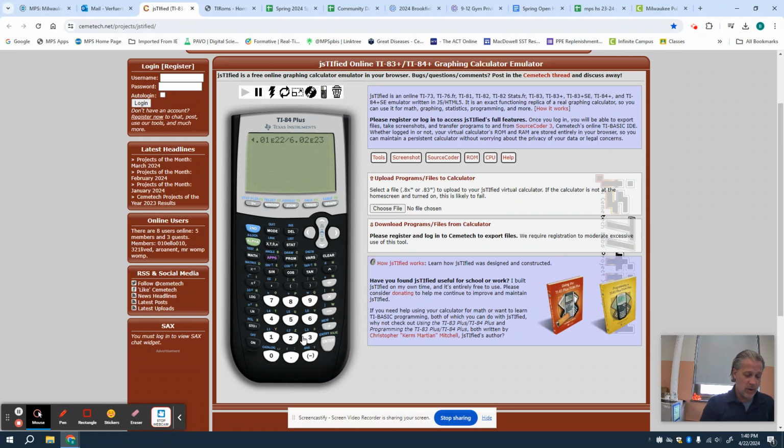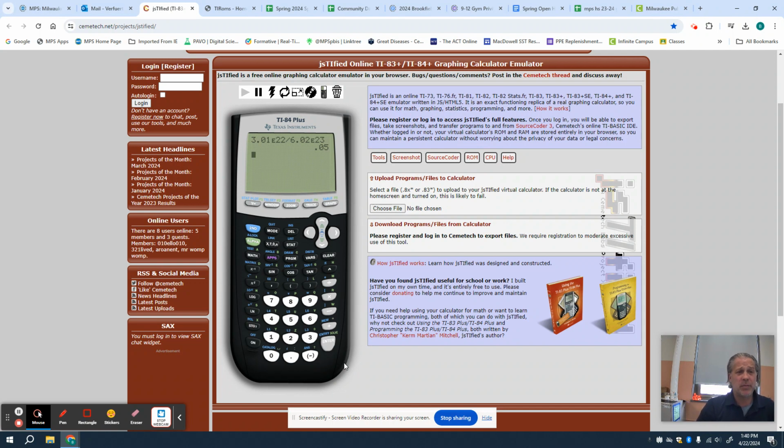So on my phone, that would look like this, which might look something like that. It's hard to see. 3.01E22 divided by 6.02E23. And then I would just hit enter. And when I hit enter, my calculator should give me an answer, in this case, of 0.05.